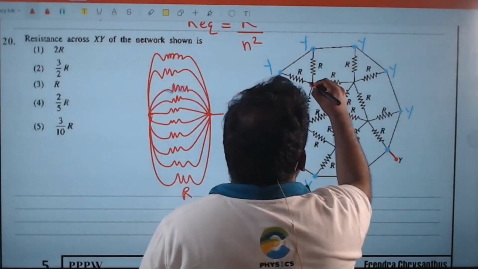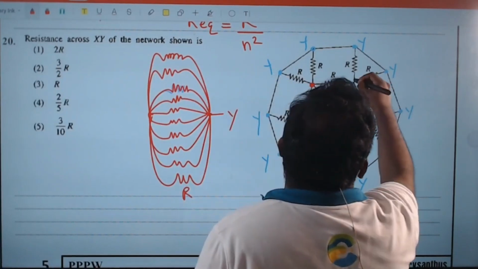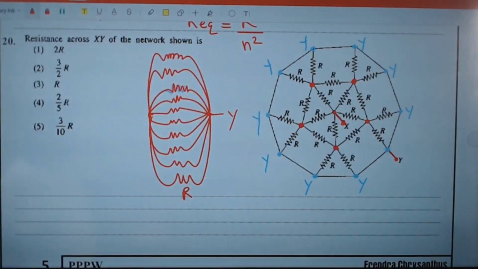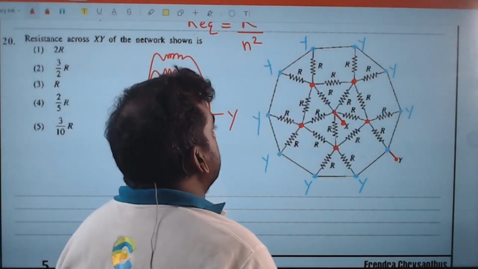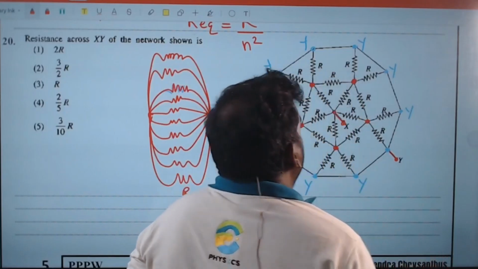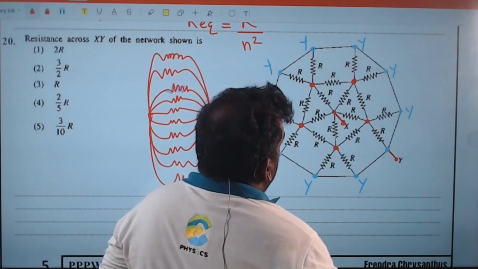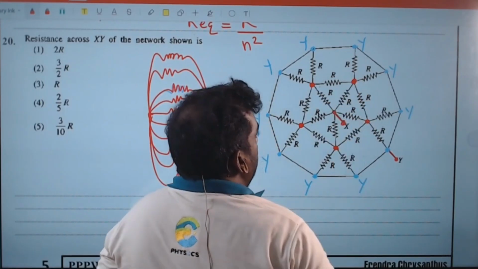Then look at these terminals. Their potentials will be same. Okay, their potentials will be guaranteed same. Now what can you say here? Think carefully and answer. R divided by R divided by R same.